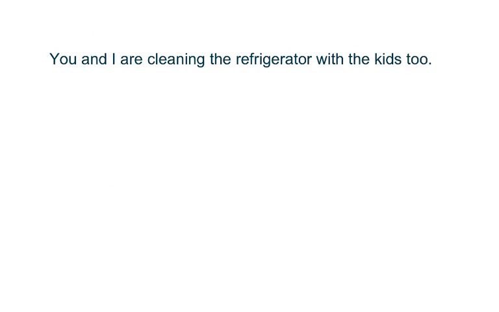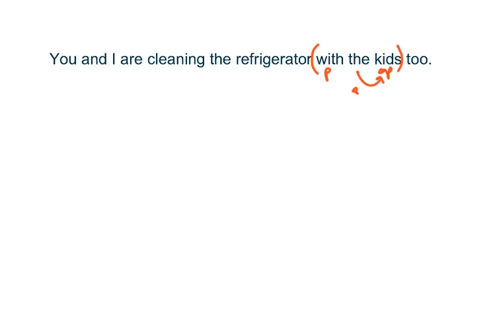All right, next sentence. You and I are cleaning the refrigerator with the kids too. Okay, so let's go through this in our normal way. Our order of analysis is phrases, clauses, principal elements, and modifiers. Do we have any prepositional phrases? We do. With the kids. Preposition. With. Object of preposition. Kids. The.